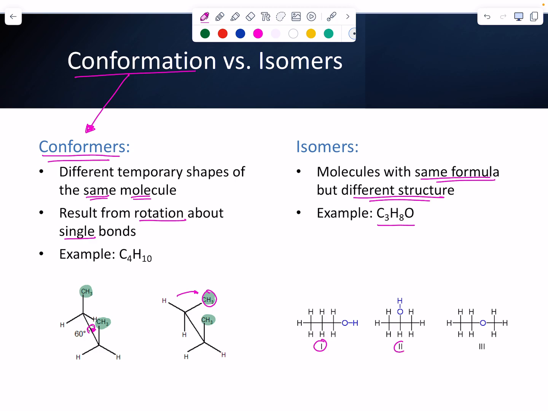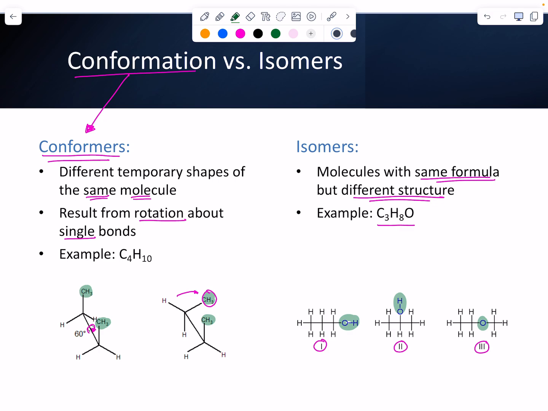Everything is still connected with single bonds, so we can rotate about all these bonds. But in this case, the position of this, called a hydroxyl group, similar in naming to the hydroxide ion, matters. We can make a version of the molecule where the oxygen is interior and it's not attached to a hydrogen.